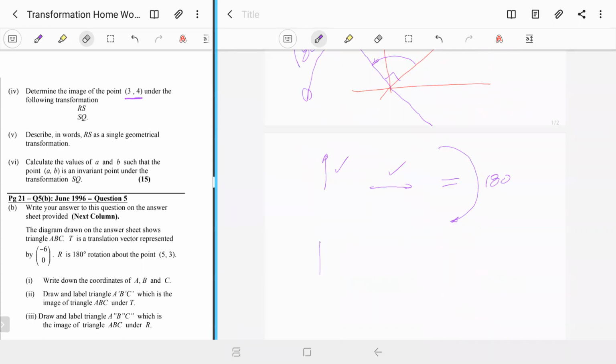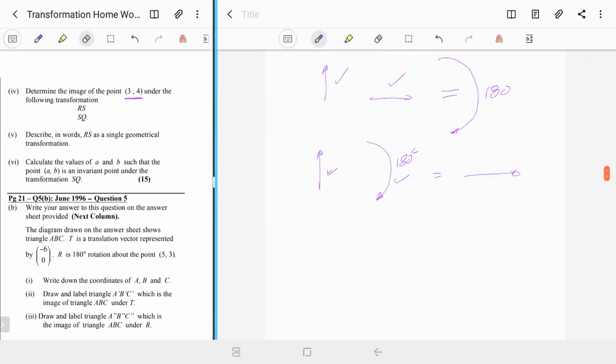So I can have one reflection, then the 180-degree rotation. Then, because this is a vertical line, these two must equal another transformation, which is a reflection in a line that is perpendicular to this one. I can also have the 180-degree rotation first and then a reflection in that line.